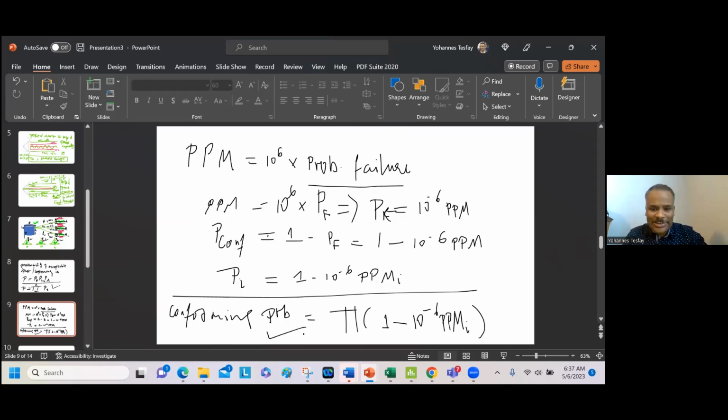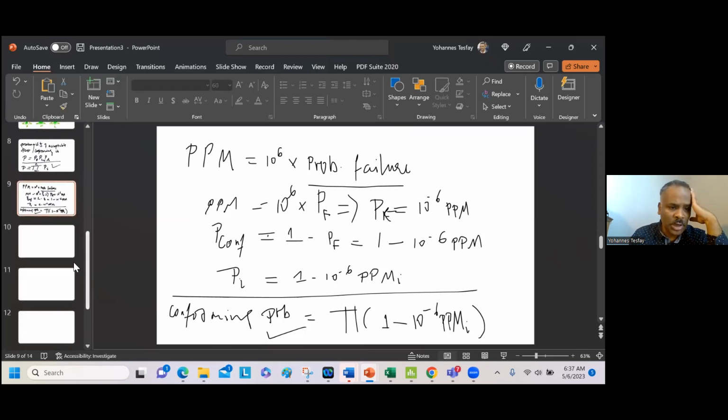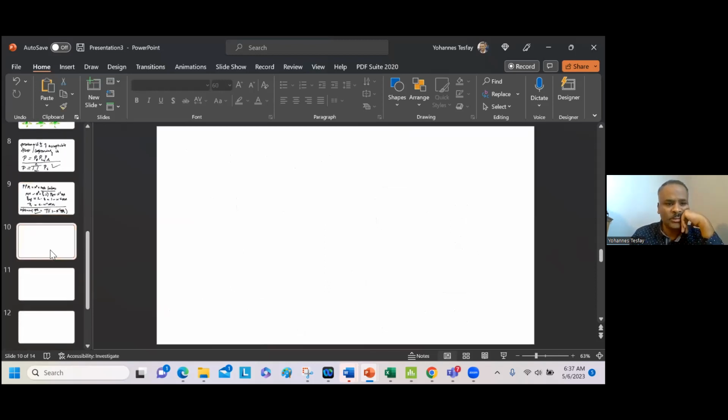Once we get this information, our point is, suppose for critical quality parameter 1, quality parameter 2, quality parameter 3, and so forth, quality parameter n.